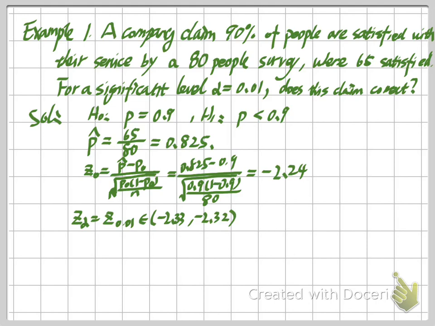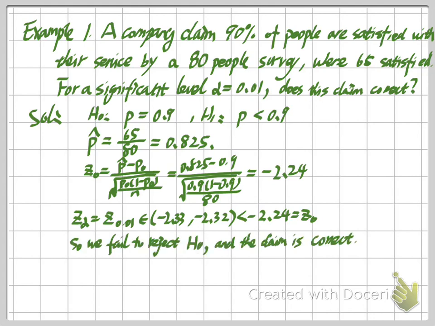We can find our Z sub 0.01 is a number between negative 2.33 and negative 2.32. We know this number for sure will be smaller than our Z0, negative 2.24. So here, because our Z alpha is smaller than our Z0, we can give the conclusion.